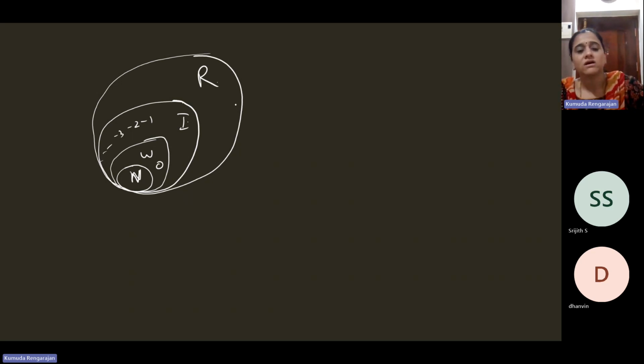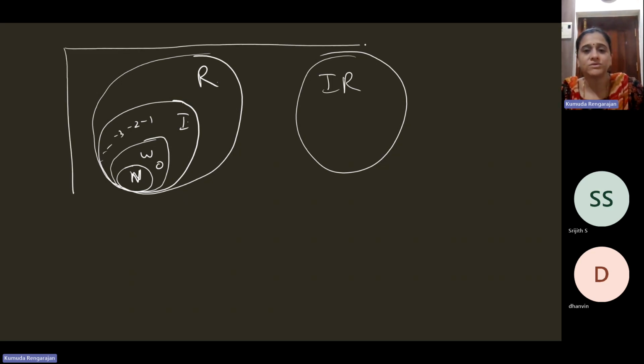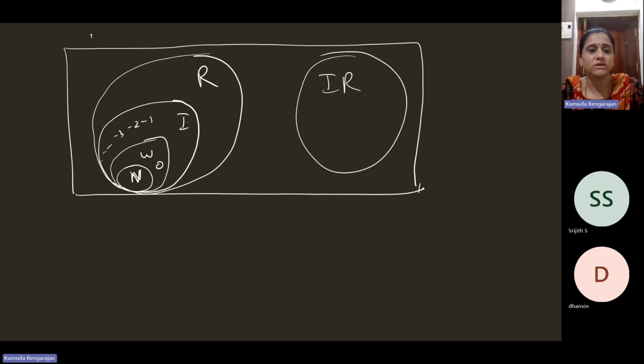So now, apart from rational numbers, we have something called irrational numbers that do not have a p by q form. So that's a separate circle altogether that does not overlap with this. Now, the collection of all rational numbers and irrational numbers form the collection of real numbers.